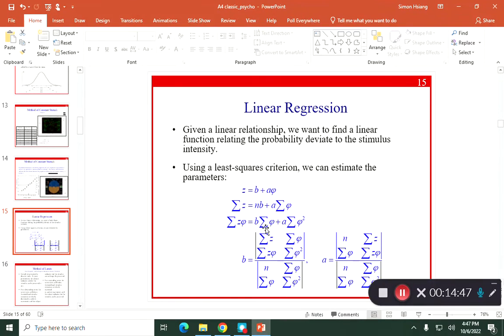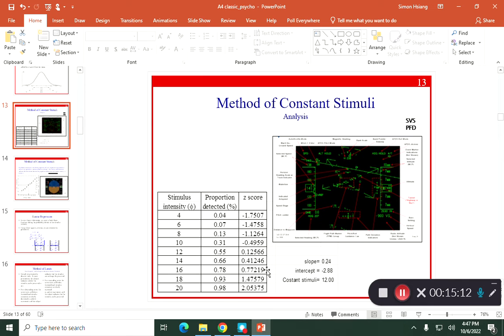If you're interested in the b part, you put summation z and summation z phi in this determinant. So now this will give you the b estimate. And then for the a part, these two terms are replaced by summation z, summation z phi, and you get this part. So now you can do this regression manually one more time.